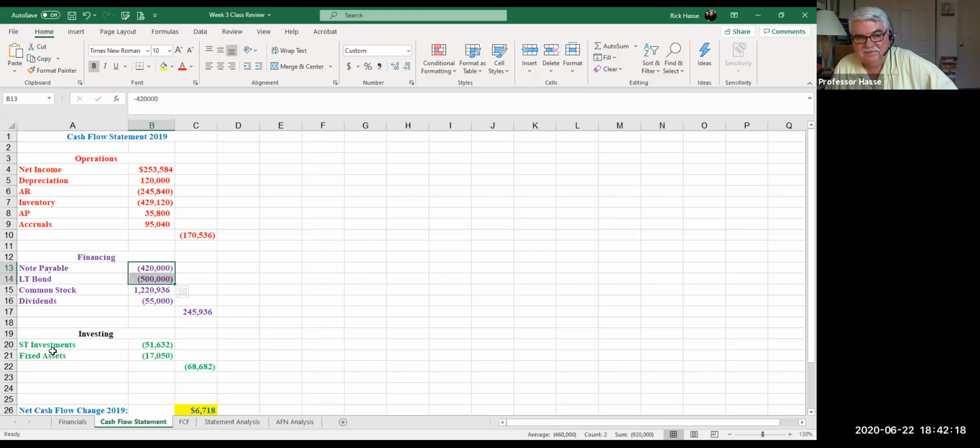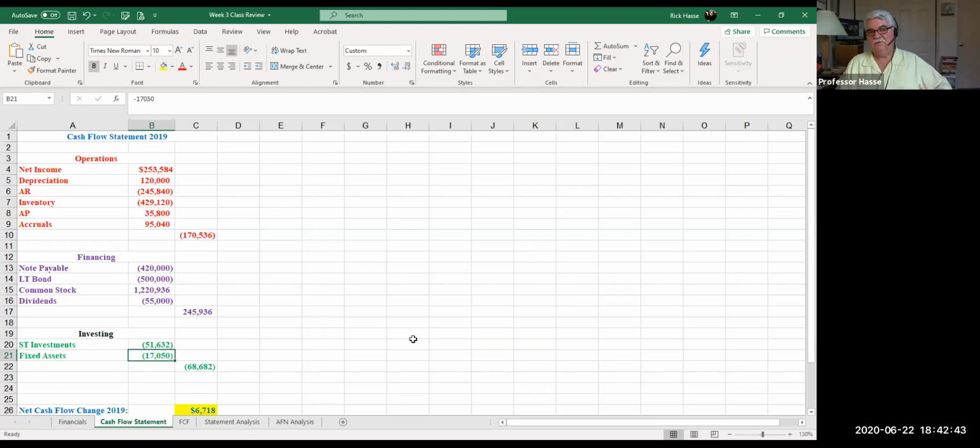Notice, investing. They only spent $17,000 on increases in fixed assets. That should be more like $1 million because now they've already spent this money and they have no return in the future ahead of them. There's no additional assets to make money. Ouch. Not cool.